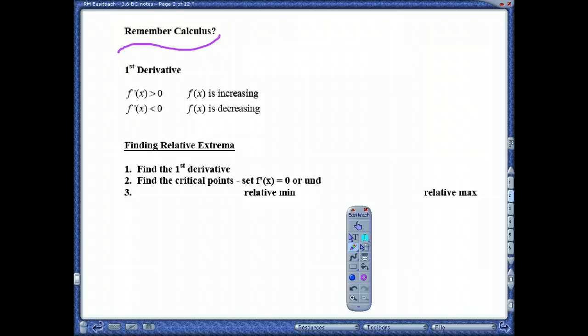So just to refresh our memory, the first derivative is going to help us figure out if we're increasing or decreasing. When the first derivative is positive, we're increasing. When the first derivative is negative, we're decreasing. We can use that to find our relative extrema by putting those critical points on a little number line.